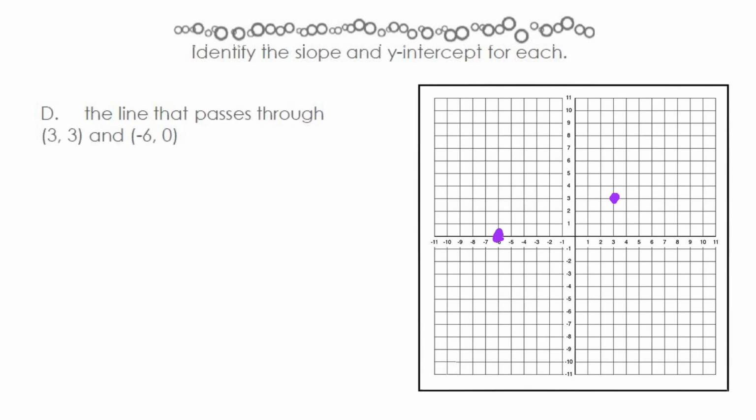We could do our y2 minus y1, or we can figure out that we went up 1, 2, 3. So we went up 3 and over 9. So our slope is actually 1 over 3.